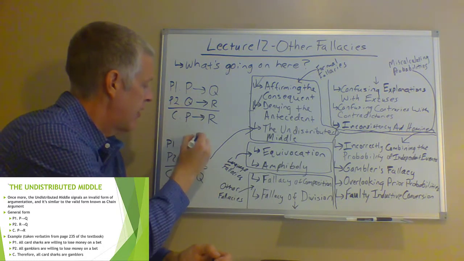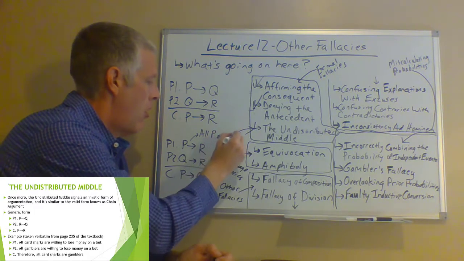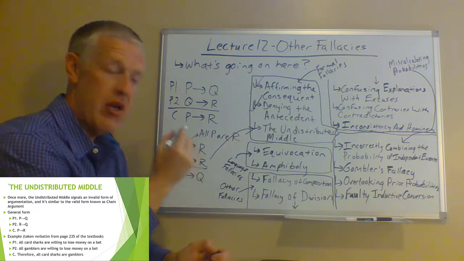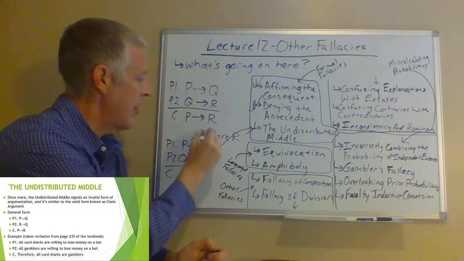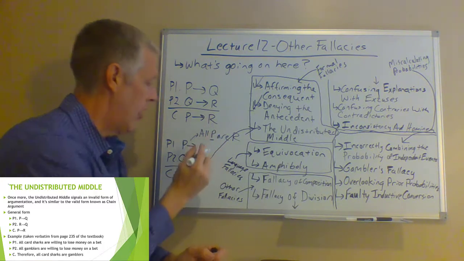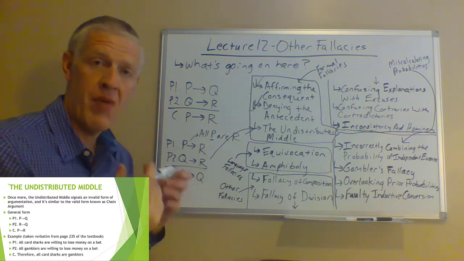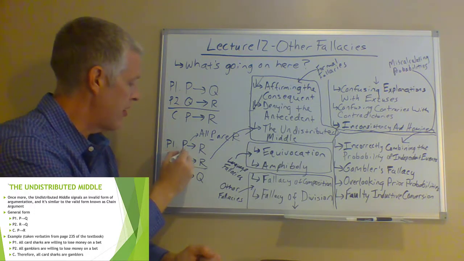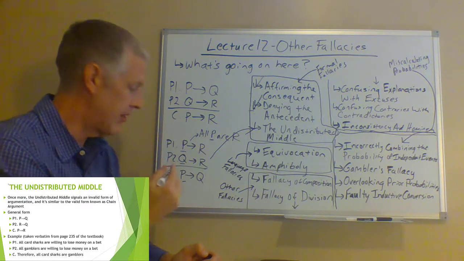So this is the same as all P are R, right? Remember, in a standard form A claim, the only term that's distributed is P. That's the only thing we know something about definitively about all members. Okay? So all of these are standard form A claims, meaning the only thing that's going to be distributed in all of these is the first, right, the antecedent, the first term.